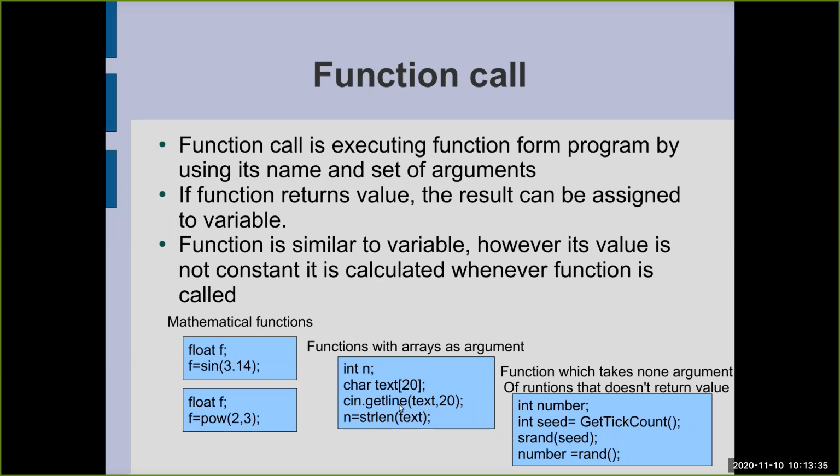For example, if you want to get a full line of text, you call function getLine. If you want to count the number of characters, you call function strlen. So a function call is the place in code where you pass the input argument. In this case, we pass the character array, and we read the final result.